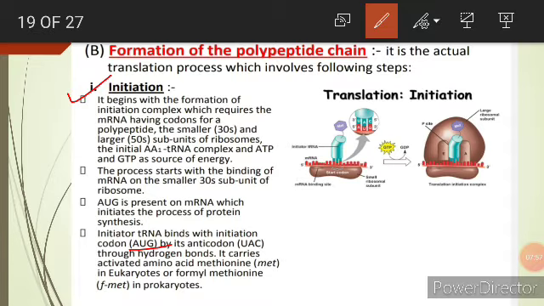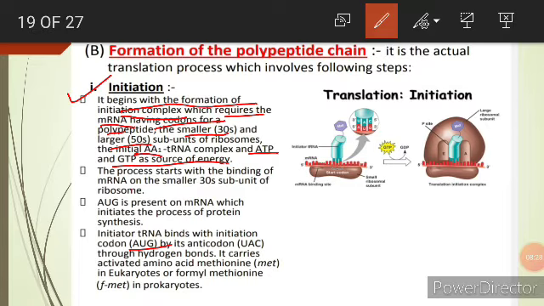So it begins with the formation of the initiation complex, which requires the mRNA having the codon for a polypeptide, and the ribosomes, that is the smaller 30S and the larger 50S subunits, and initially AA1, that is amino acid 1 with tRNA, the first amino acid which will come and make the complex with the tRNA, and ATP and GTP as the source of energy.